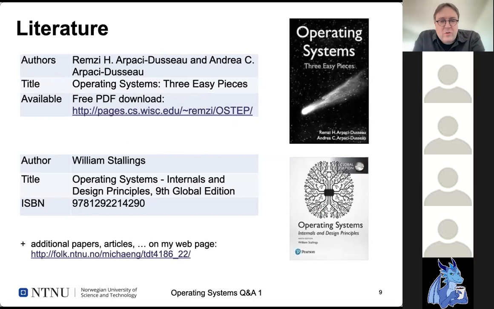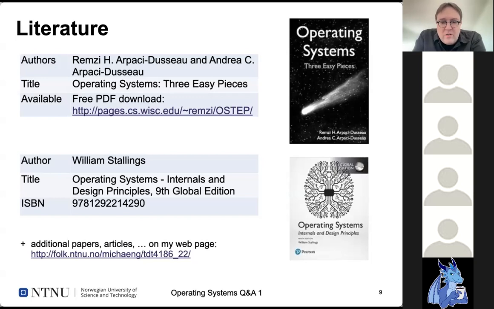But of course, if you want more information, there's a very good and free book from 2 colleagues in the US, Remzi Arpaci-Dusseau and Andrea Arpaci-Dusseau: Operating Systems: Three Easy Pieces. Well, if they're easy, I don't know. But the good thing is the PDF download is free. And there's also a traditional textbook by Stallings, Operating Systems: Internals and Design Principles.